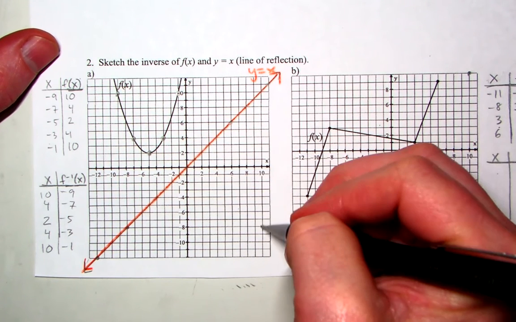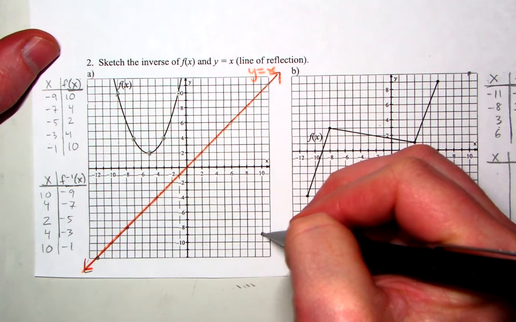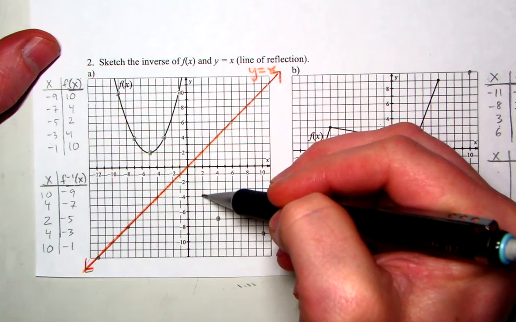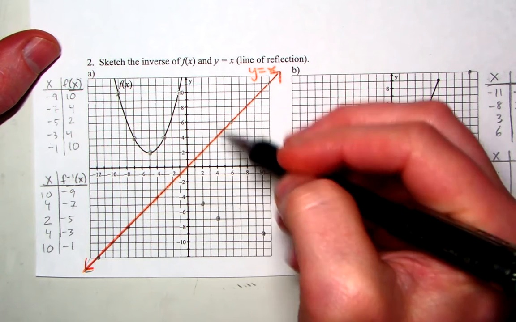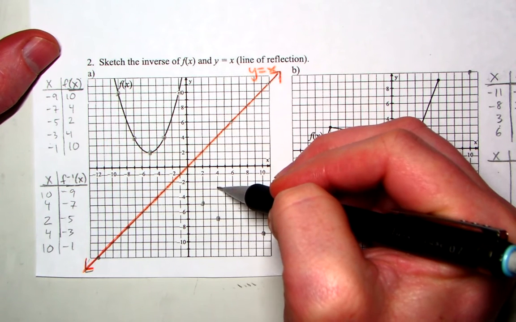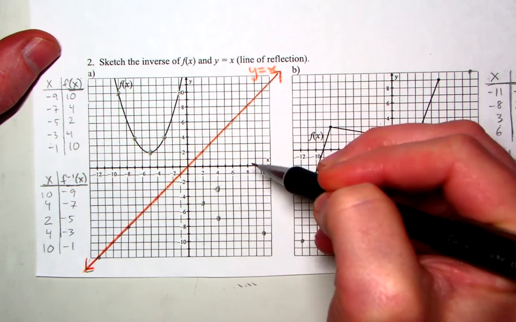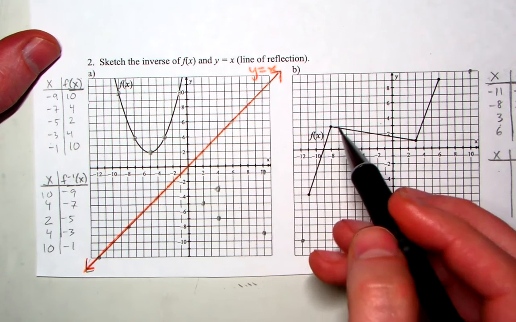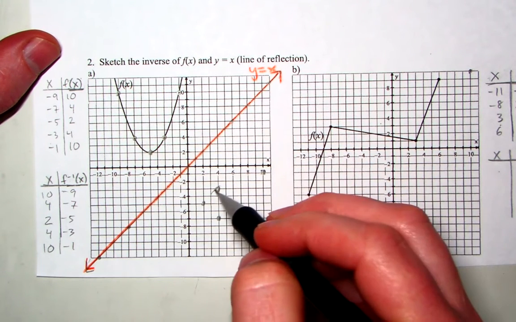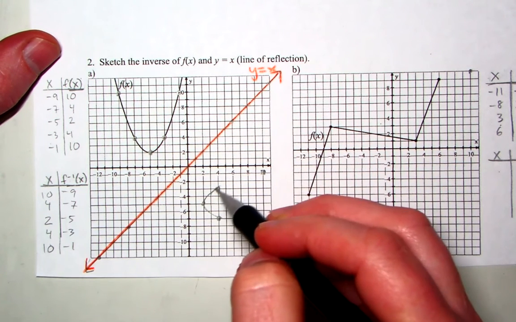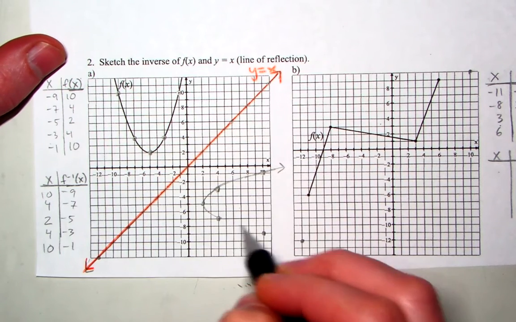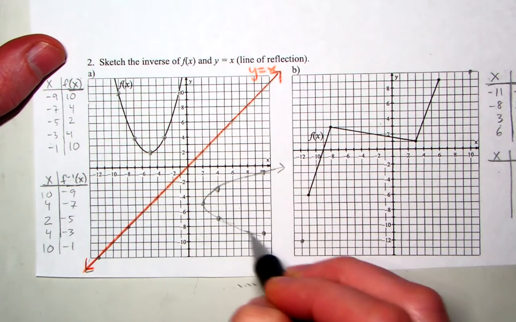We've got 10, negative 9, 4, negative 7, 2, negative 5, 4, negative 3, and 10, negative 1. And then draw a curve through these 5 points. And we'll put arrows at the ends to indicate that it still goes on forever.